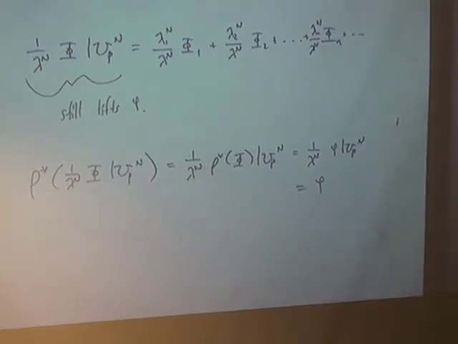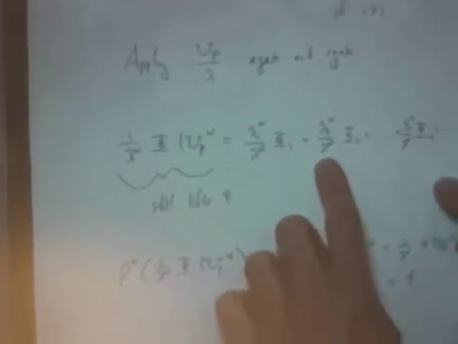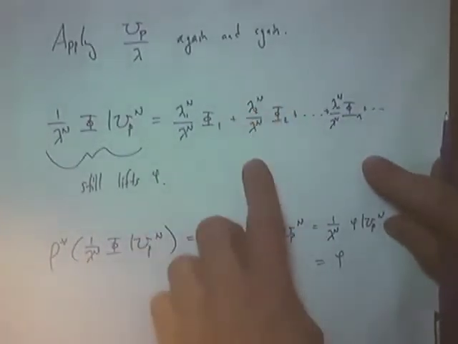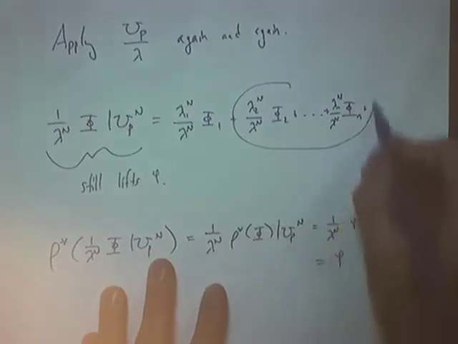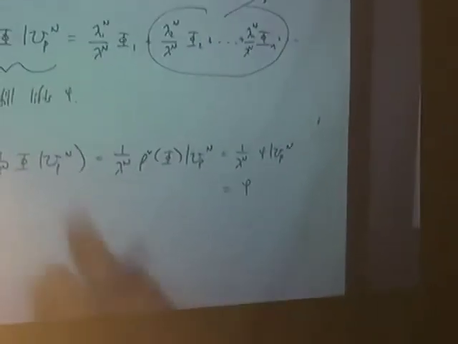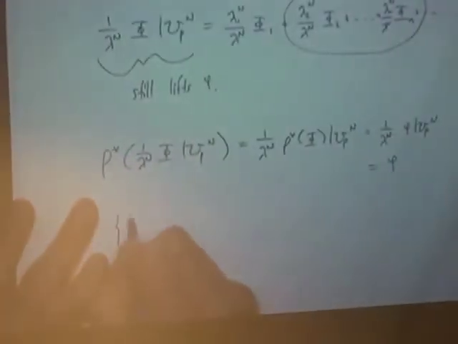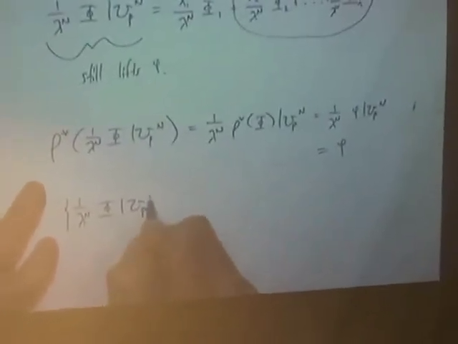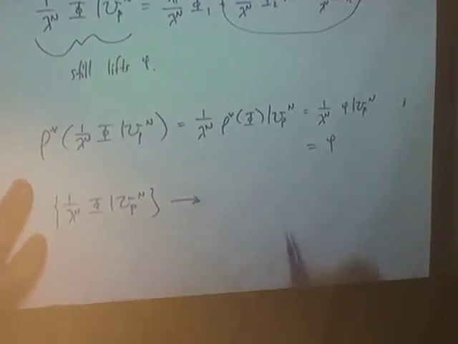Then what do I want to say? Well, I'm assuming that all the eigenvalues past lambda 1 have valuation bigger than 0. I'm also assuming that lambda is a unit. So all of these terms are tending off to 0. The eigenvalues are just making it smaller and smaller. So this is saying that this sequence here, 1 over lambda n, phi UP to the n, is converging.